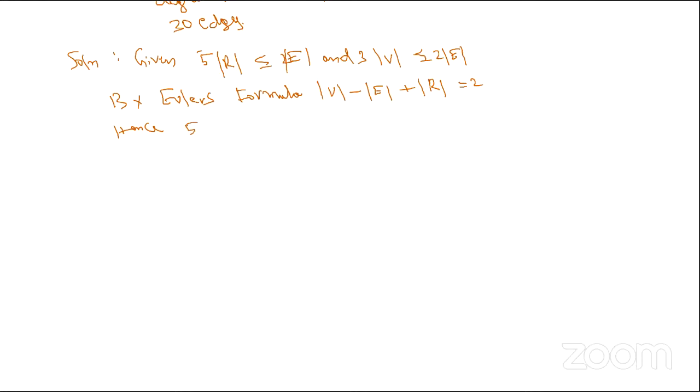5 mod E minus E means edges, V means vertices, plus 2 is less than or equal to 2 of edges.